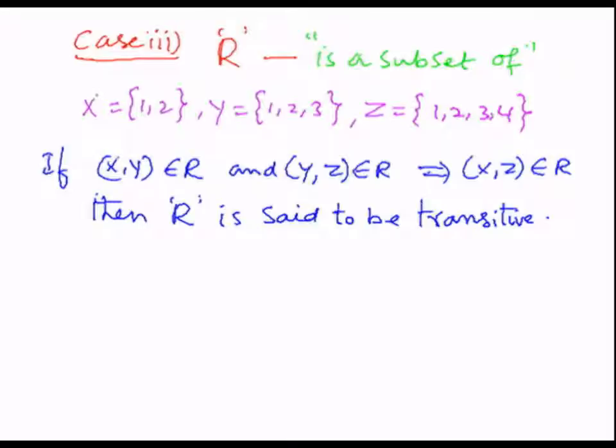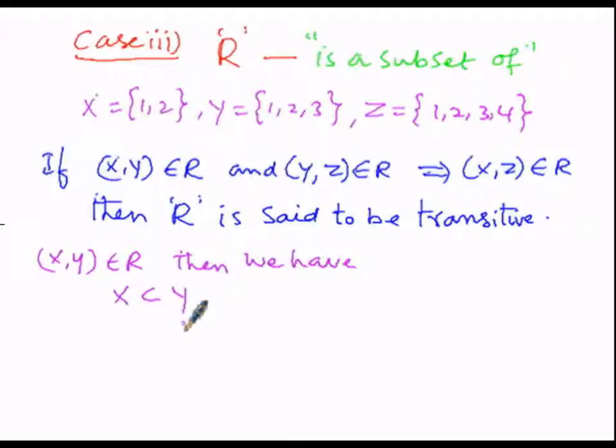In the first case, x comma y belongs to R, so the relation is of subset. We have x is a subset of y, because the relation is a subset of.